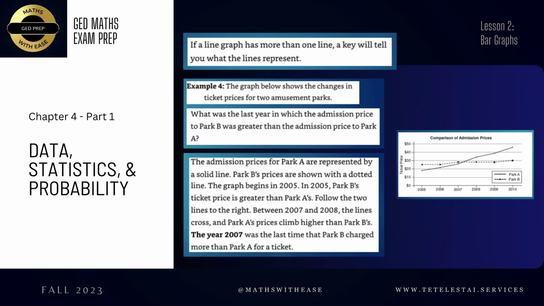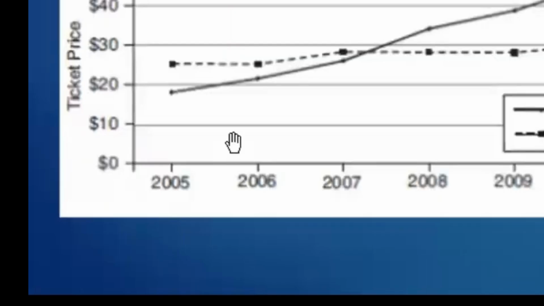And so we looked for something that represented an increase on the line graph, right? And again, in this particular example, we're being asked what was the last year in which the admission price to Park B was greater than the admission price to Park A? Well, okay, let's start by looking at Park A. Let me zoom in.